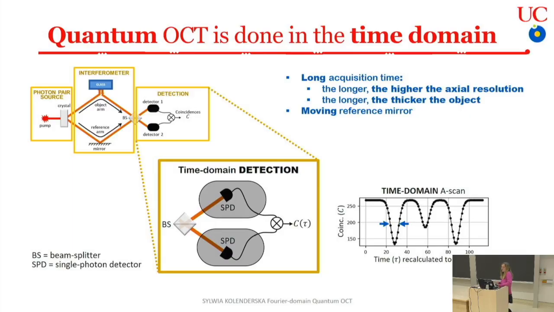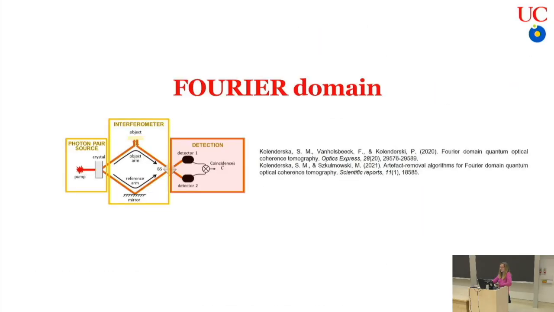It will be even longer with thicker objects because you have to reveal the whole object, and also the reference mirror has to be scanned. In general, the measurement can take hours for thicker objects, such as pieces of glass.